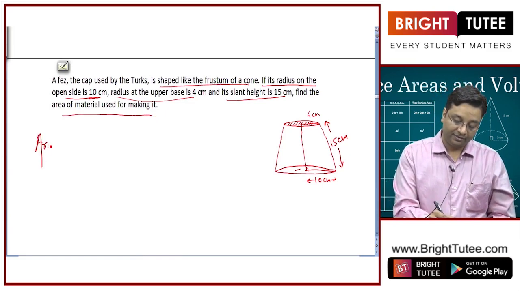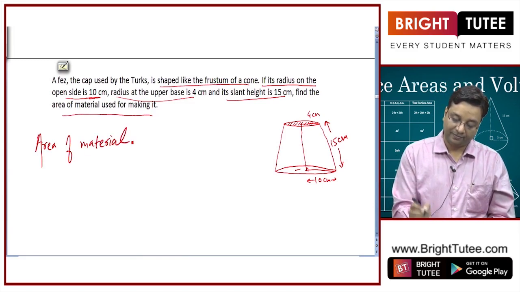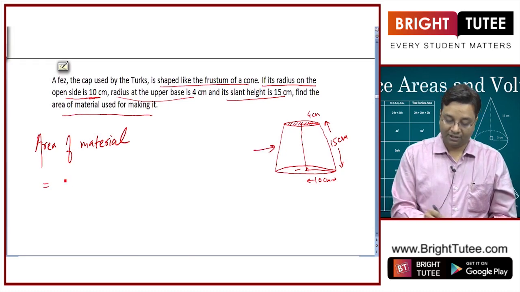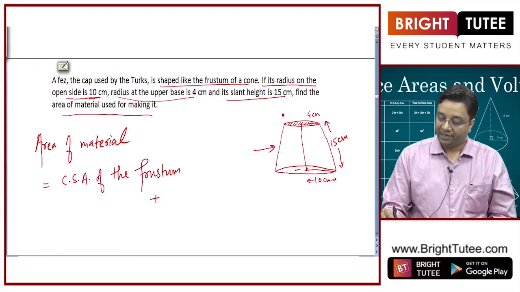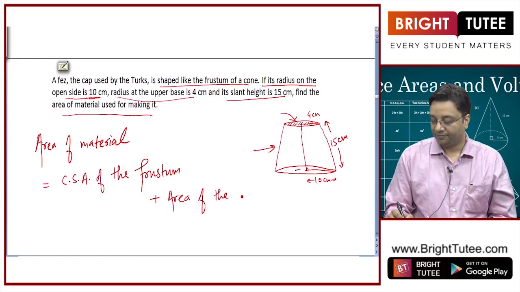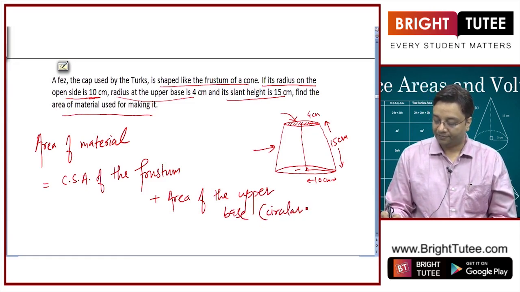What is the area of material for making it? It is equal to the curved surface area of the frustum part plus area of the upper base, which is obviously circular.